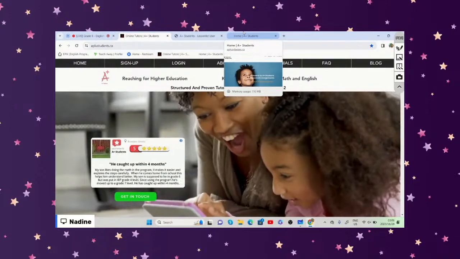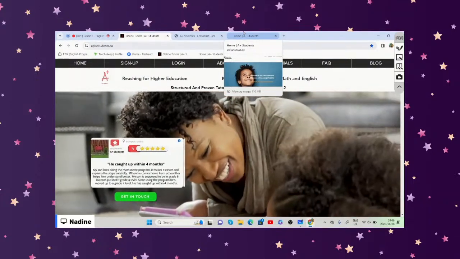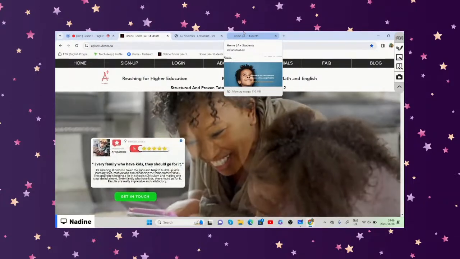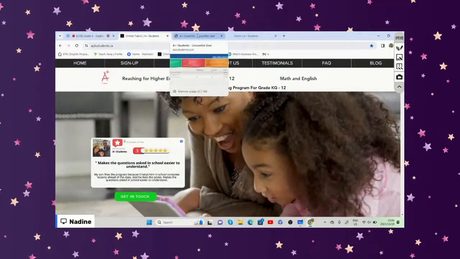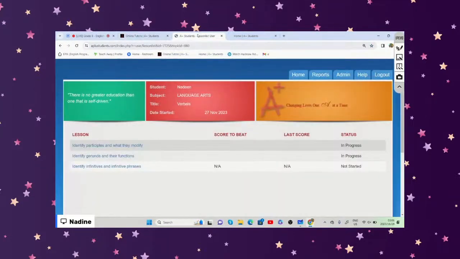Once we've selected the subject of language arts, grade 8, we're going to scroll down until we get to the chapter of verbals. And we're going to basically find out what verbals are.